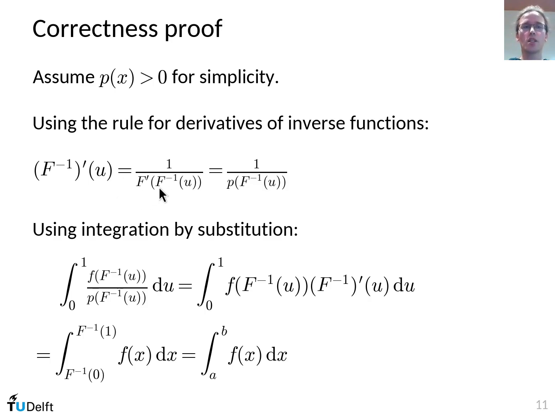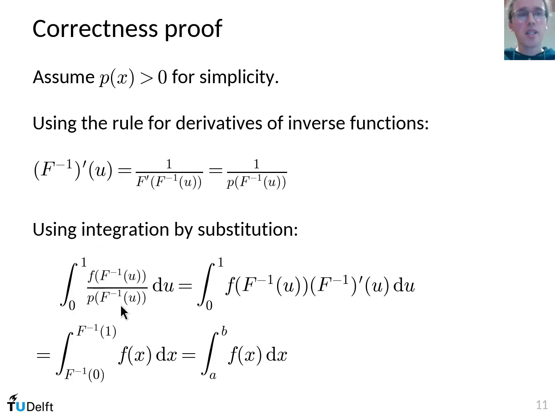The way this works is that you take the reciprocal of the derivative of the function itself and you evaluate that at the point that you get when you put your parameter into the inverse function. And of course the derivative of the CDF is simply the density. So we now have this equation to describe this derivative.